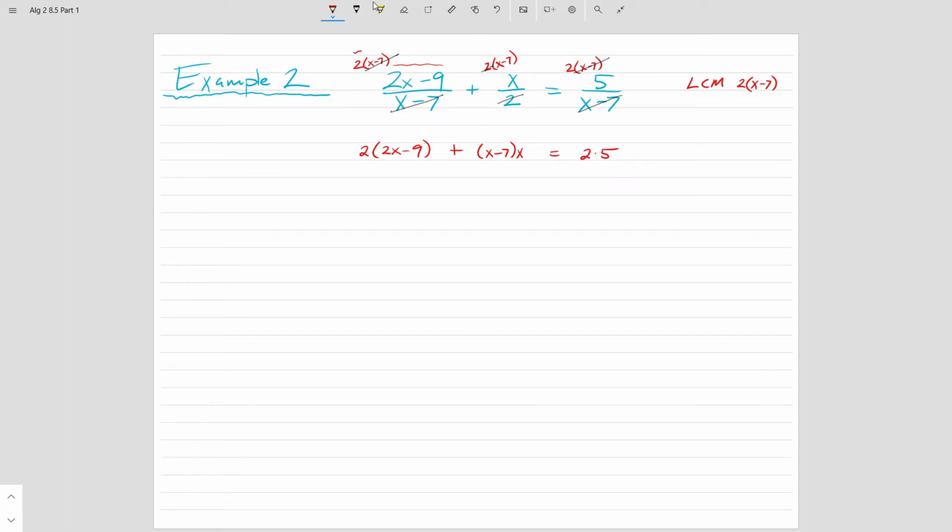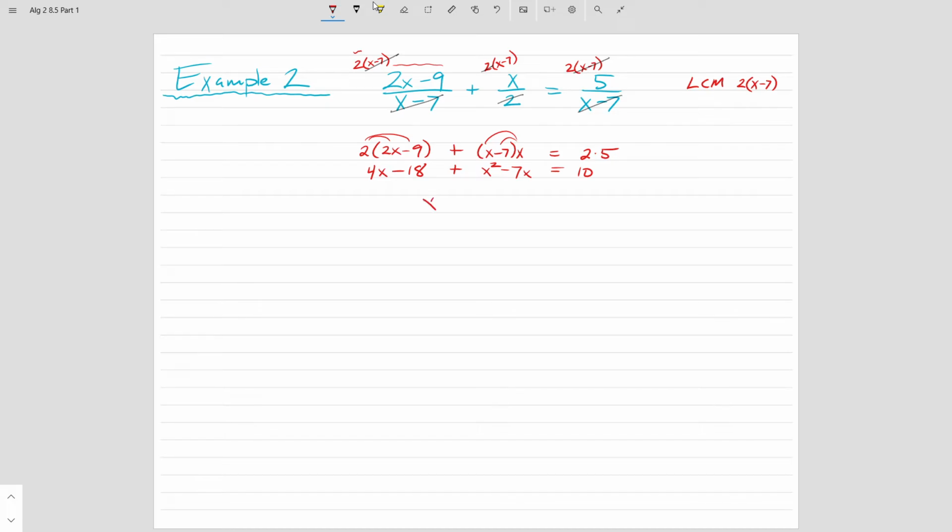So I'll simplify this down. So I've got 4x minus 18 plus x squared minus 7x. Suppose I should do that. Equals 10.